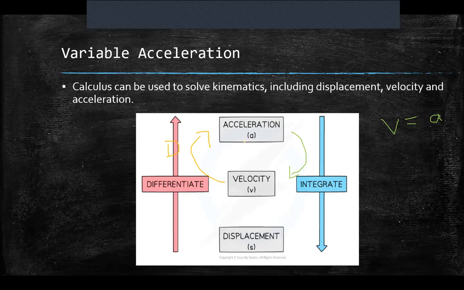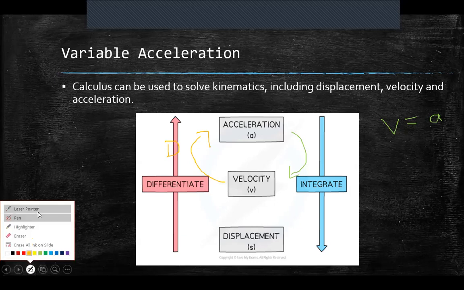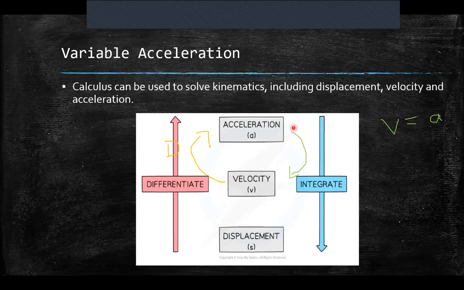And what's the reverse of differentiation? It's integration, because integration is an anti-differentiation process, meaning that it's the opposite of differentiation. This arrow is going up, this one is coming down.